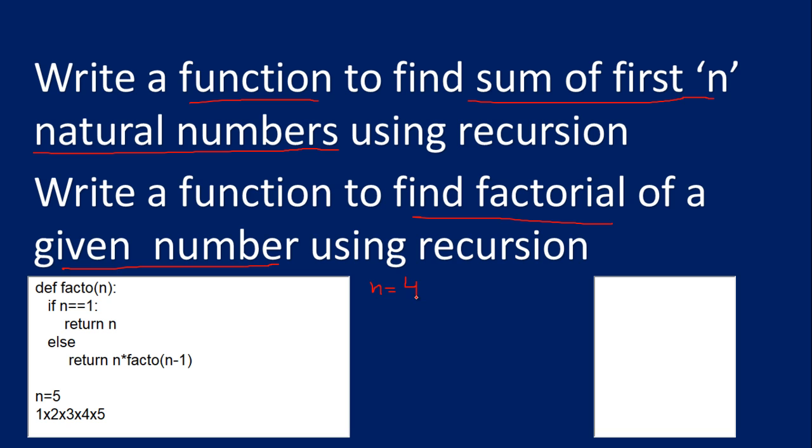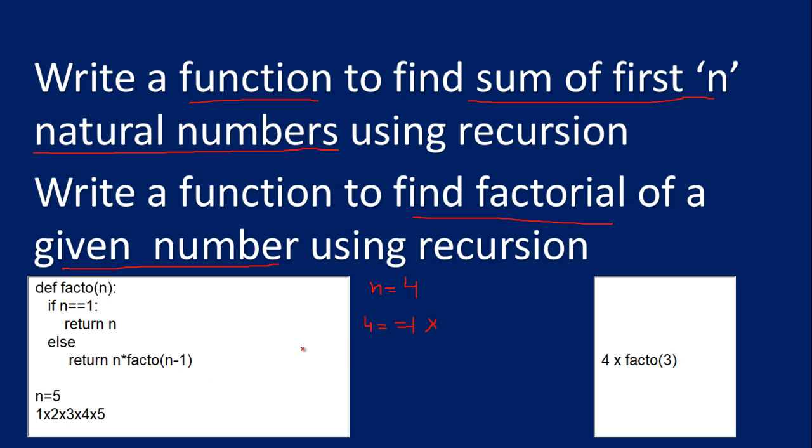When the function call is given, it will check whether the value of n, that is 4, is equal to 1. Right now the value of n is 4, which is not equal to 1. So it will come to the else part and execute this expression, where n is 4 and it is multiplied by facto of 4 minus 1, that is 3.